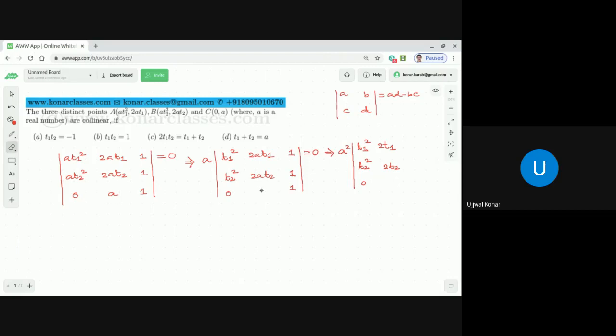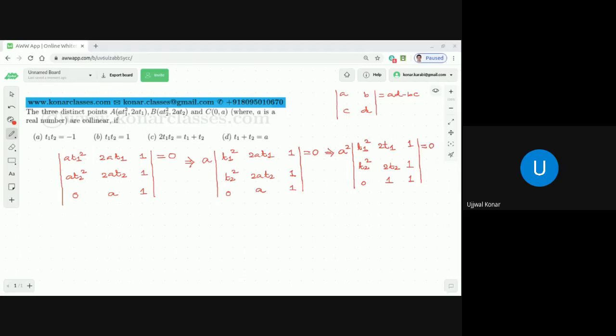It should not be 1, it should be a, because we took a common from the first column; the second column will remain unchanged. Here it will be 1, and 1, 1, 1. This should be equal to 0. Correct, dear students?